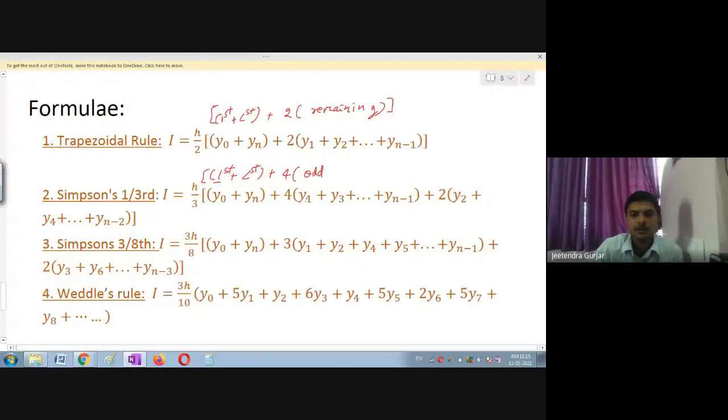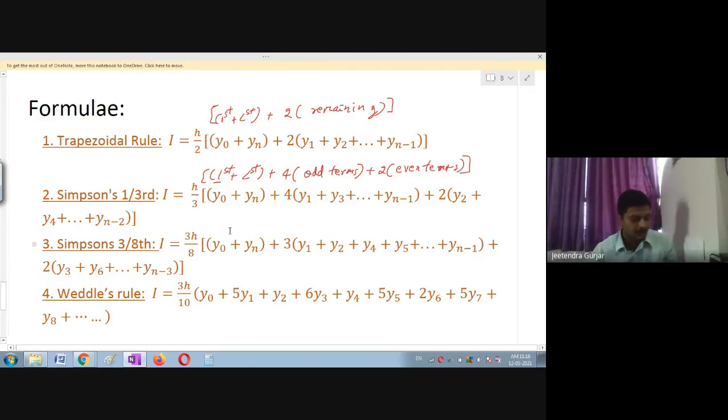What are odd? Odd means y1, y3, y5. Then plus 2 times, this is y2, y4, next will be y6. These are even terms. So this is how you have to remember the formula. I know it is difficult to remember the formula.